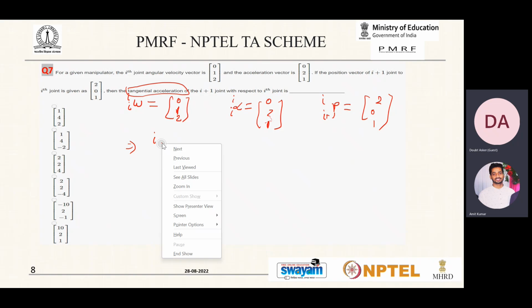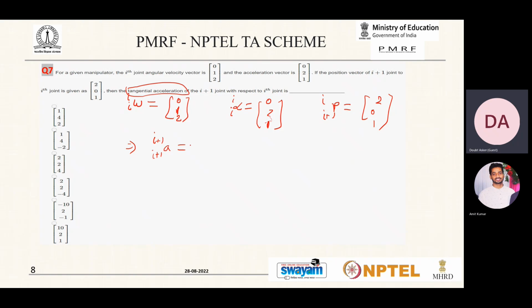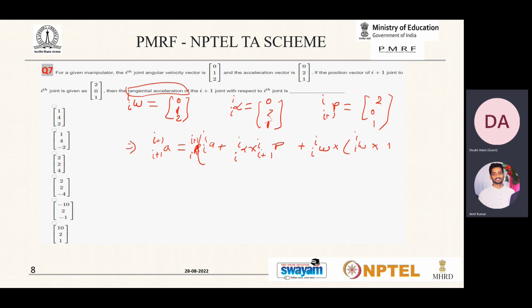I plus 1 to I plus 1 A is nothing but I plus 1 R to I, plus I alpha I plus 1 P cross plus omega I cross omega I cross I plus 1 P, sorry, I plus 1.